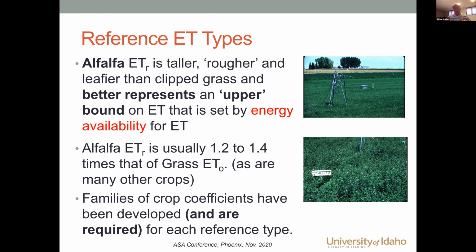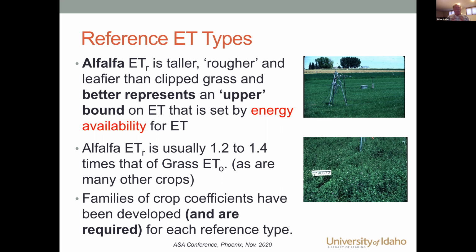And all of those combined represent an upper limit of the amount of energy that can be used to convert liquid to vapor. So if we have a definition like alfalfa reference, that pretty much represents the maximum extent of ET that we can envision, or that we can see occur.